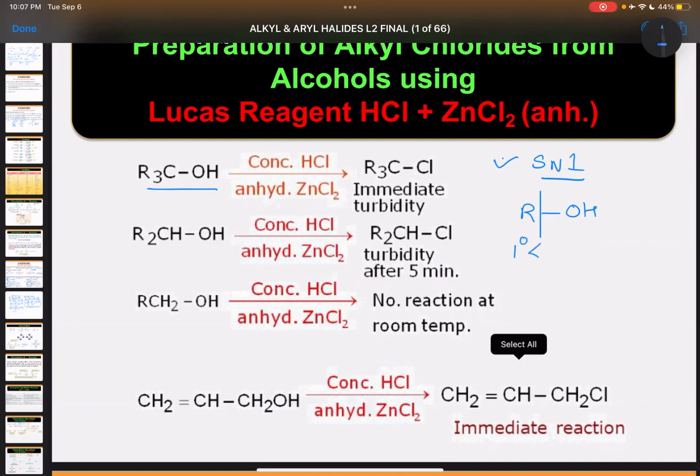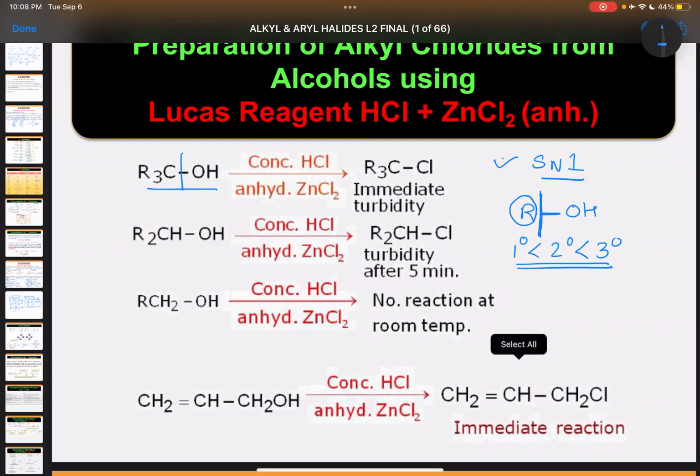So we can go through it quickly. If you want to break this bond, it breaks with the formation of a carbocation. Because in Lucas you are breaking the CO bond, the tertiary cation is the most stable one, and that's why the tertiary alcohol gives this reaction very quickly.